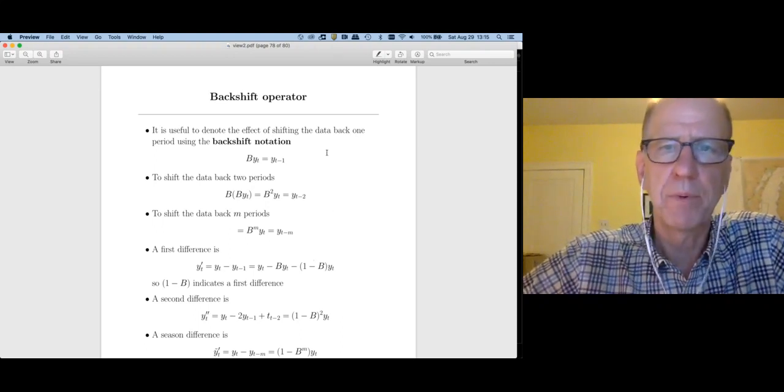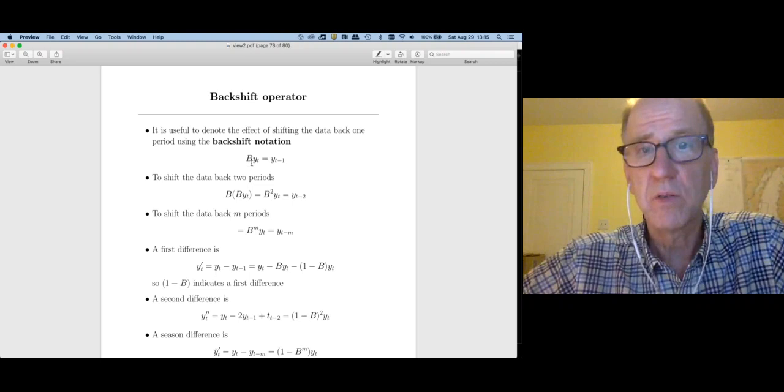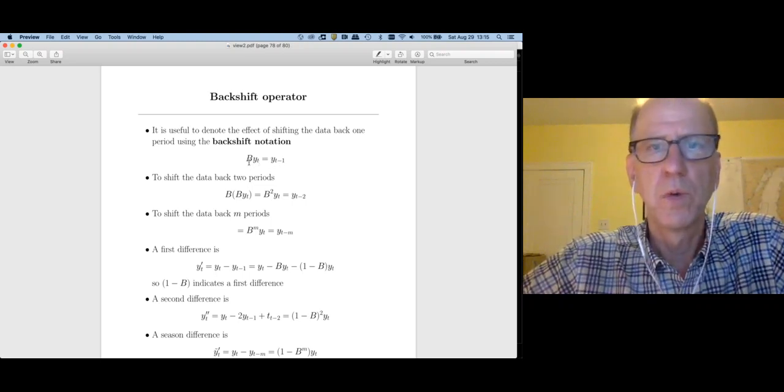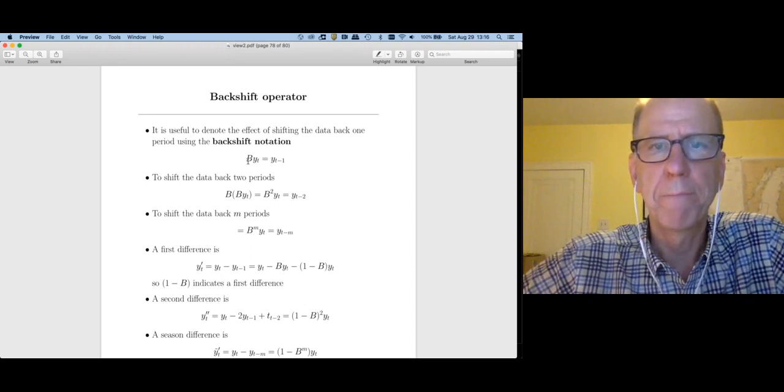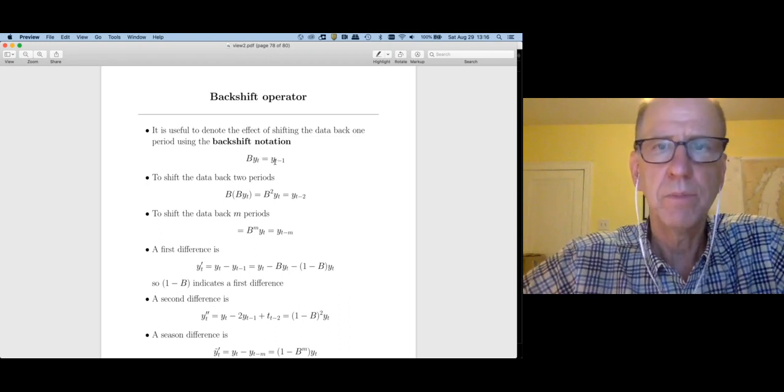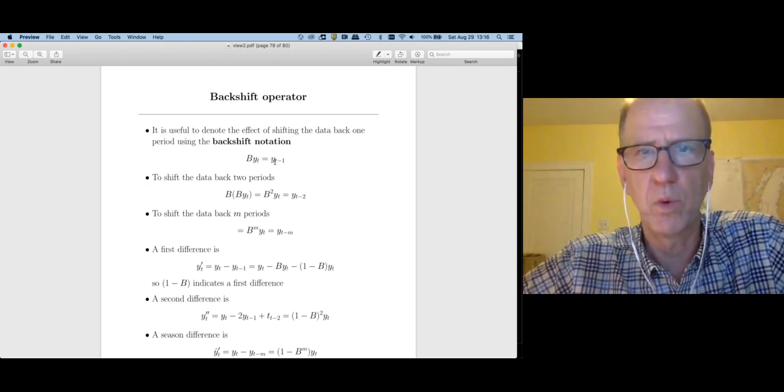So the Backshift operator is going to be a very convenient way for us to express that we've differenced something. So big B operated on yt means the previous observation, yt minus 1.